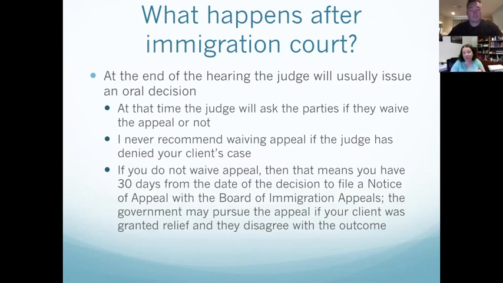It's pretty straightforward. You just need to get that form plus a copy of the decision to Virginia within 30 days. If you miss that deadline, client's out of luck, right? So it's very important to be on top of that appeal deadline because it's not a lot of time. Okay, next slide.